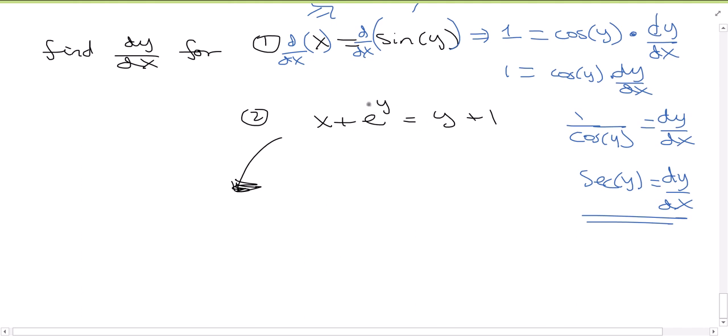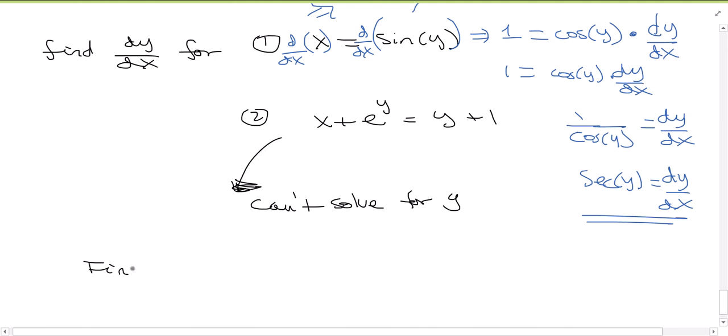But there's no way then to get y all by itself when one y is stuck as an exponent and the other one is a base of a polynomial, right? A linear function in that case. So there's no way really that we could write y equals, we can't solve for y. So in order to find the derivative, we have to use implicit differentiation.